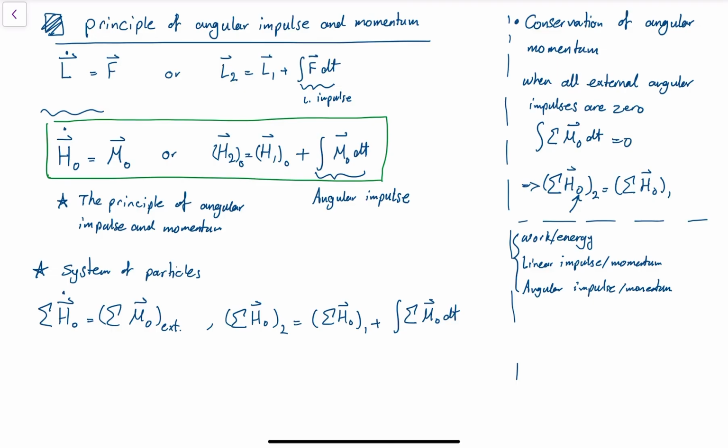And feel free, and I highly encourage, try to think along the lines of work and energy and linear or angular impulse and momentum and their conservations when dealing with problems. Note which ones are conserved, which ones are not, which ones you can calculate, and so on. So these are very good starting points to think about finding a solution to a problem.